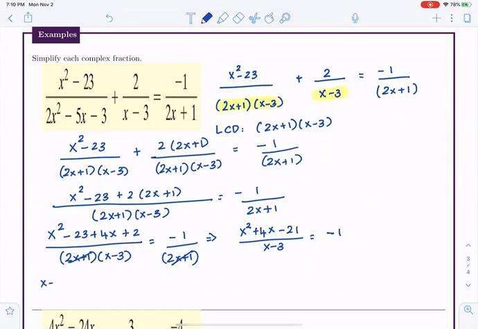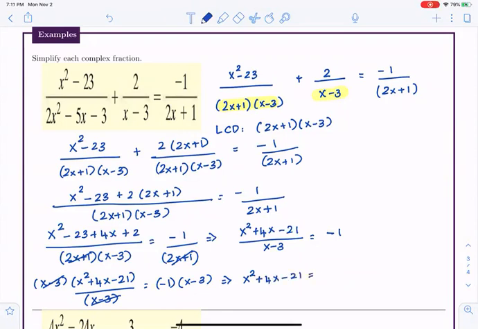So x minus 3 multiplied by x squared plus 4x minus 21 divided by x minus 3 would equal negative 1 multiplied by x minus 3. The x minus 3's would go away, and we will have x squared plus 4x minus 21 equal to minus x plus 3.